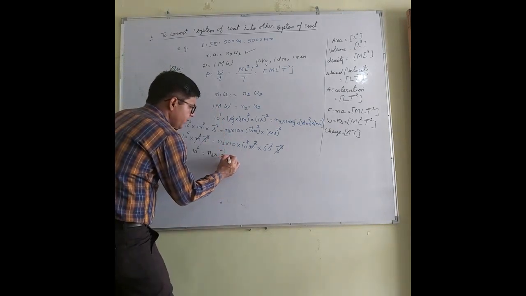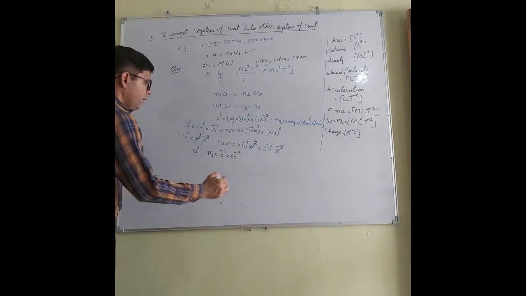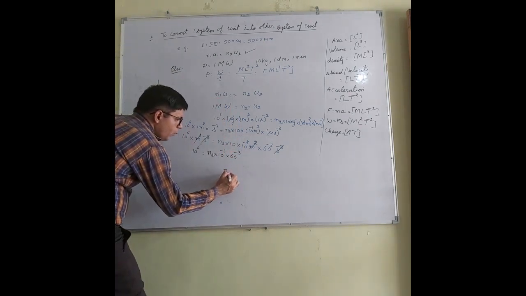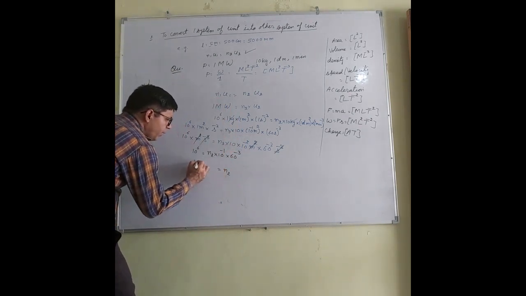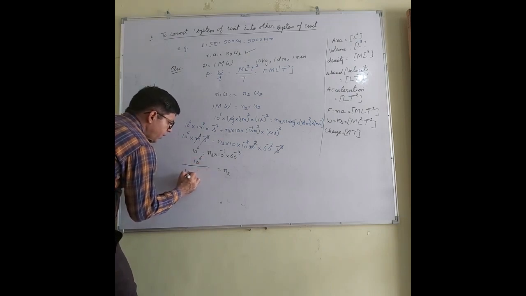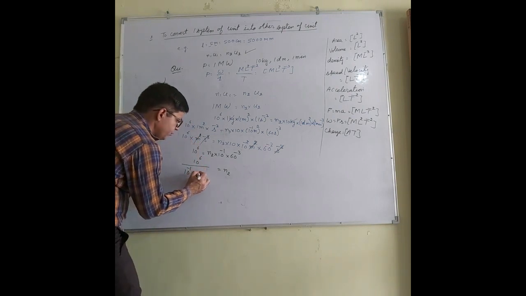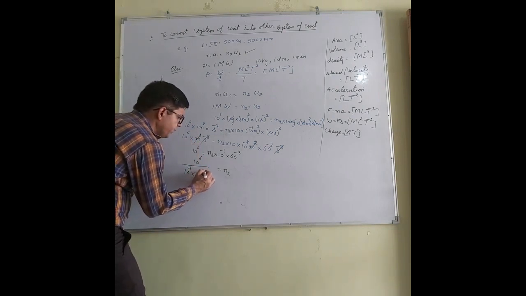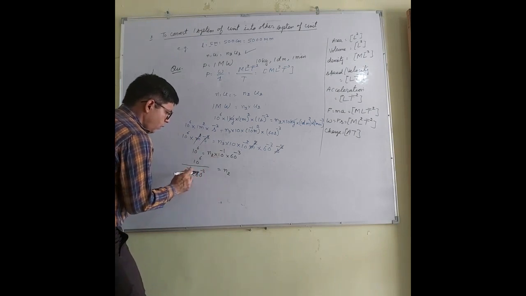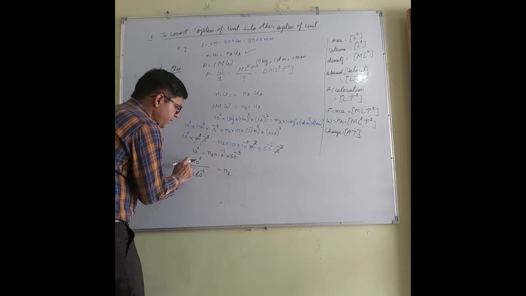Now here 60 to the power minus 3. Now what will be N2? It will be 10 to the power 6 divided by 10 to the power minus 1 and 60 to the power minus 3. So when they are moved upward to the numerator, what will happen?